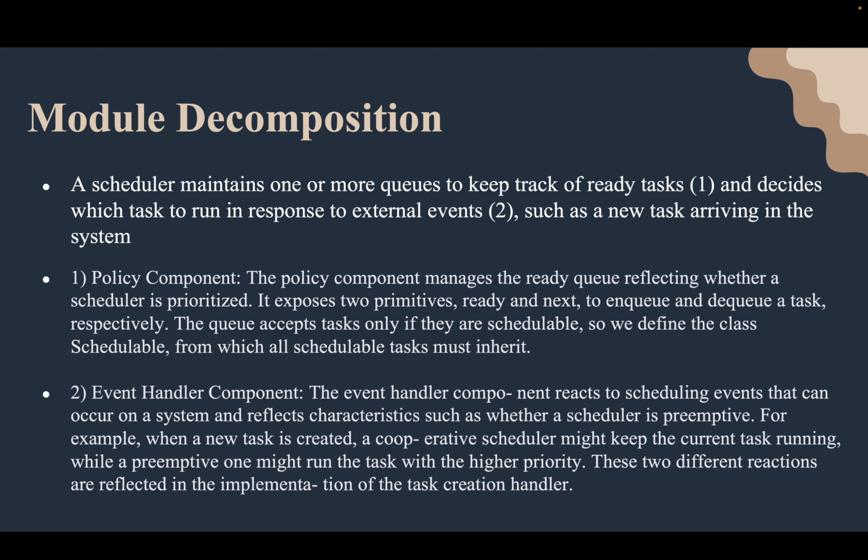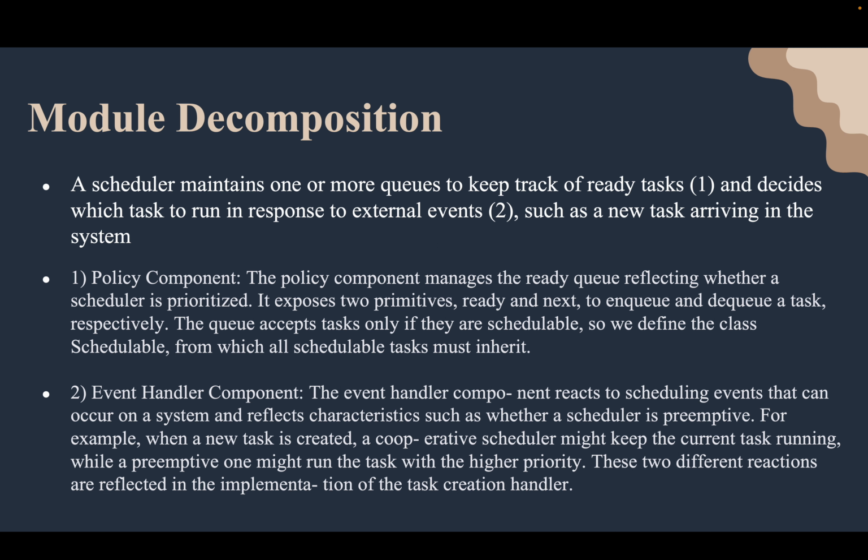task to run in response to external events, such as a new task arriving in the system. 1. Policy component. The policy component manages the ready queue, reflecting whether a scheduler is prioritized.